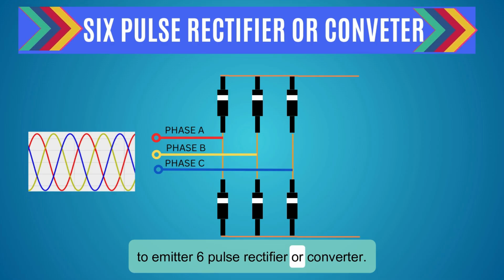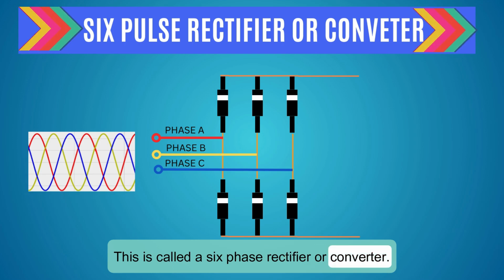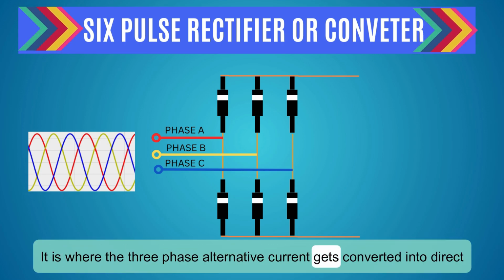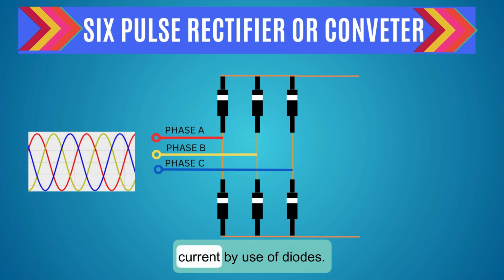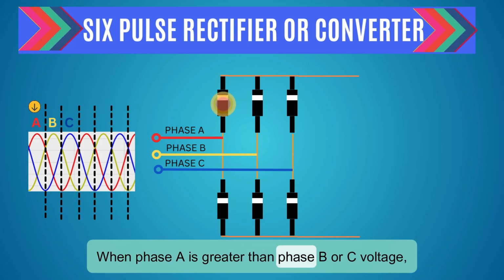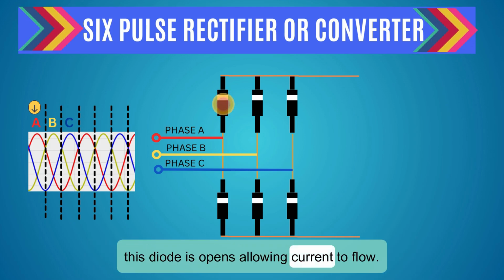6-pulse rectifier or converter. This is called a 6-pulse rectifier or converter. It is where the 3-phase alternating current gets converted into direct current by use of diodes. When phase A voltage is greater than phase B or C, this diode opens, allowing current to flow.